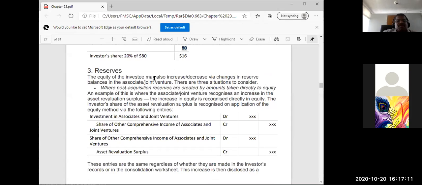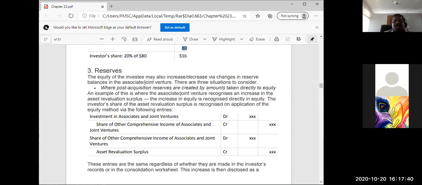The equity of the investee may also increase or decrease via changes in reserve balances in the associate and joint venture. There are 3 situations to consider. The first is where post-acquisition reserves are created by amounts taken directly to equity. An example of this is where the associate or joint venture recognizes an increase in the assets revaluation surplus.